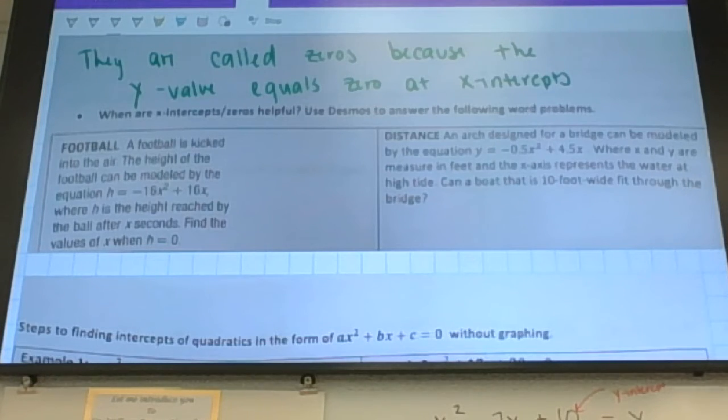If your calculator's not showing, if you hit the window minimizer, it should show up. You need to zoom in.